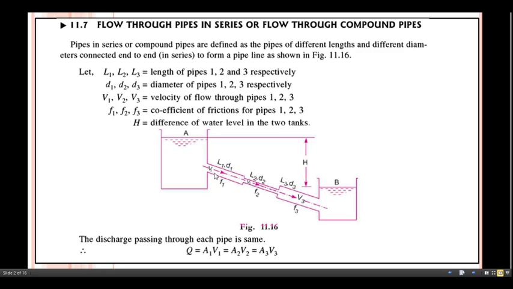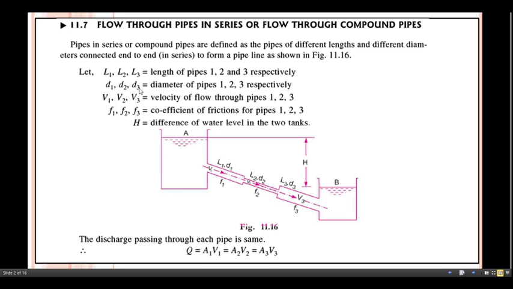At the same time, you can get the different velocity at different cross sections, and the coefficient of the friction for pipe number 1, 2, 3 is a different one, that is f1, f2, f3. So let us consider l1, l2, l3 length of pipes 1, 2, 3 respectively.